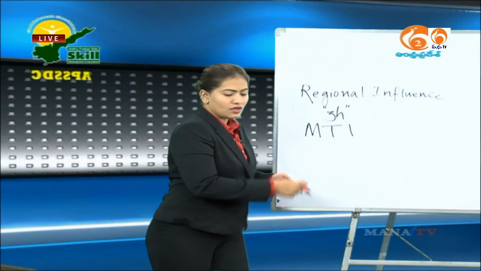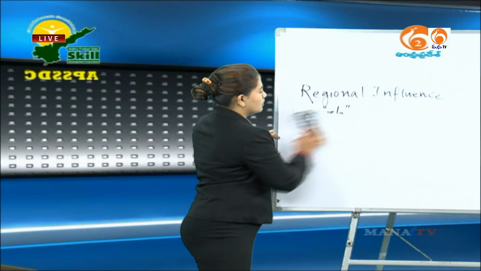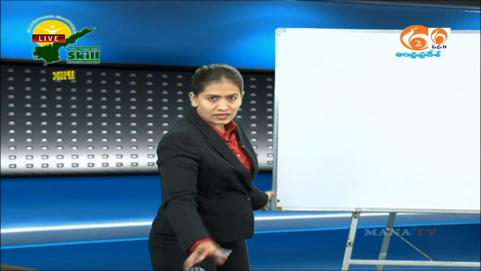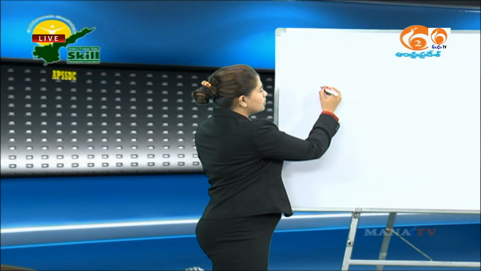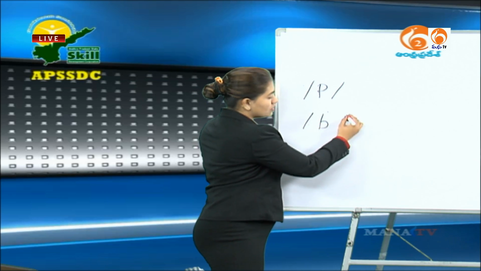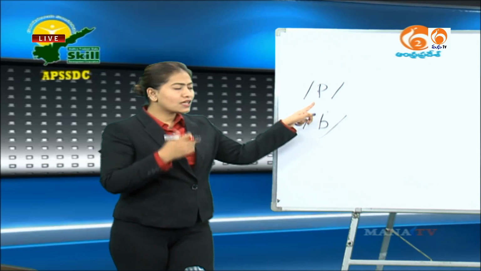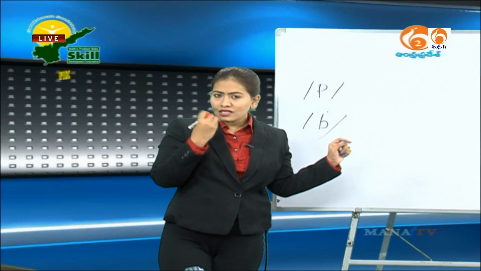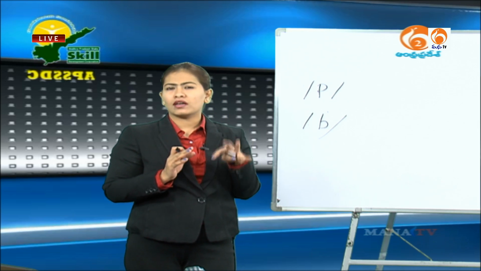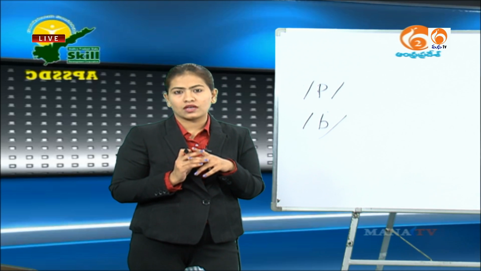Let's take an example for understanding partial and complete obstruction of air: the p sound and the b sound. When I say p, I am releasing a puff of air, but there is no obstruction, so it is partially obstructed.